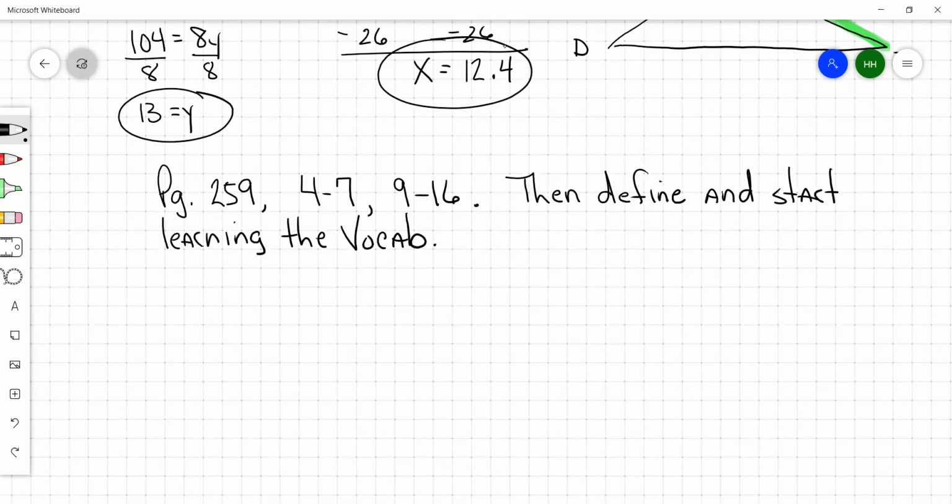We've covered almost all of them. But you have to do these problems. You have to define and start learning the vocabulary, and then you have to check focus for homework. And that's under alerts. When you do that, you have to have these problems complete, and you have to have your notes in front of you.